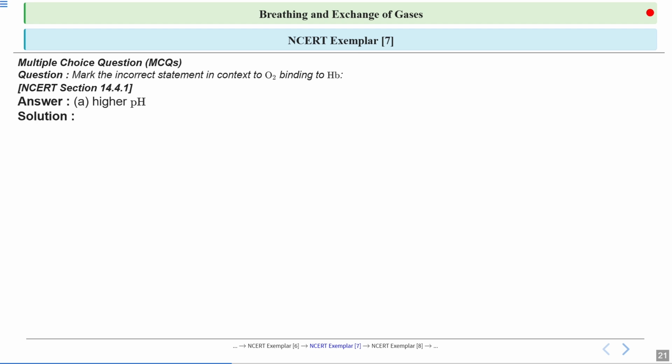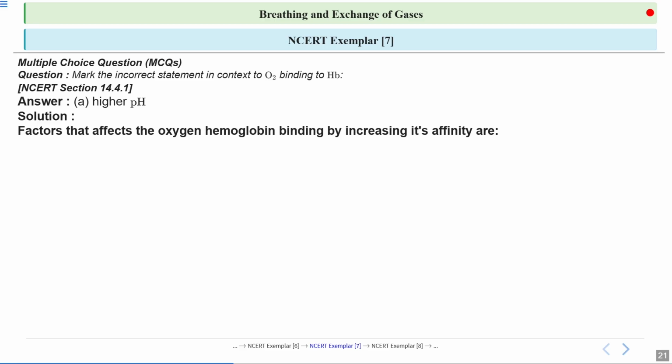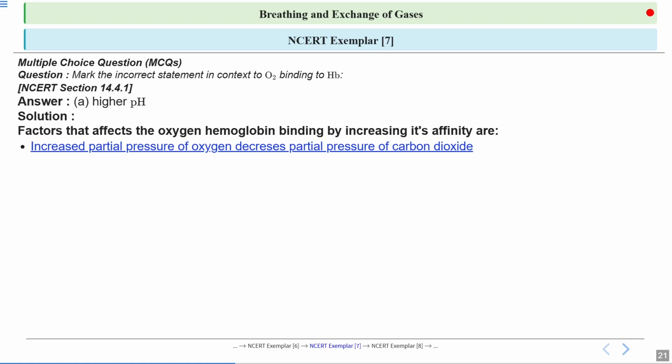So option A is correct, higher pH. Factors that affect oxygen hemoglobin binding by increasing its affinity are increased partial pressure of oxygen and decreased partial pressure of carbon dioxide, right? High hydrogen ion concentration leading to low pH, and low temperature.